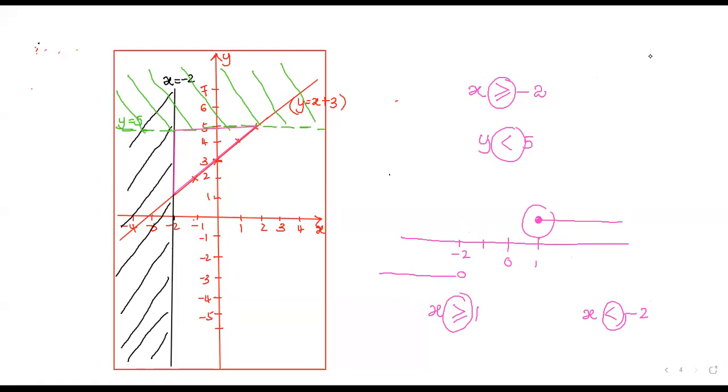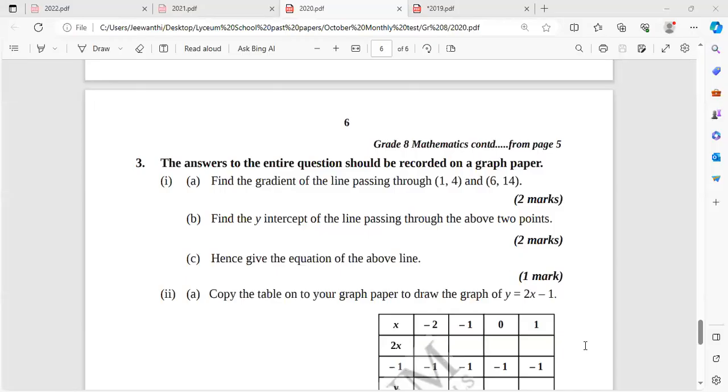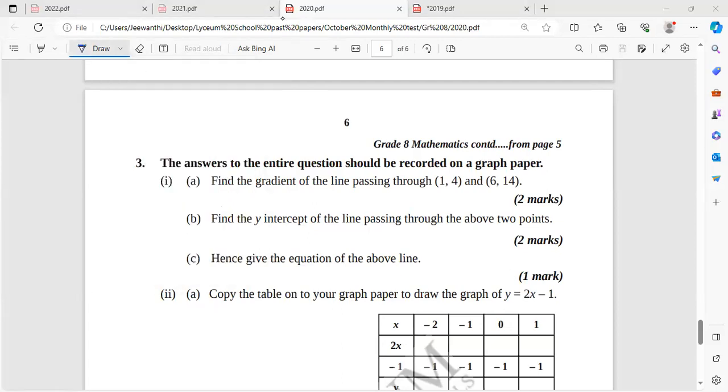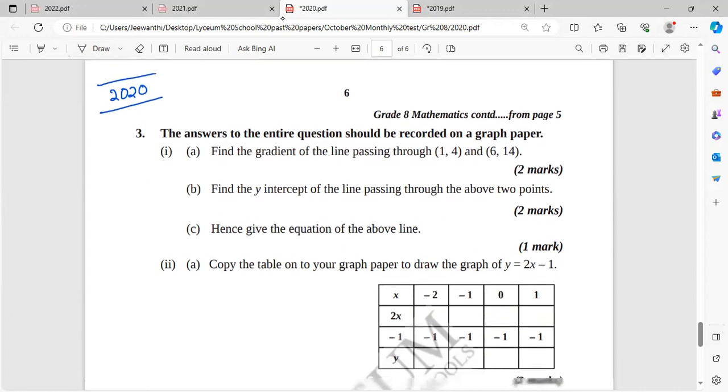Then we can move to the 2020 paper, right? So then all of you can take the 2020 paper. So this is the 2020 paper. Again, I will take the same graph question. Then it is easier for you to understand this concept very well.